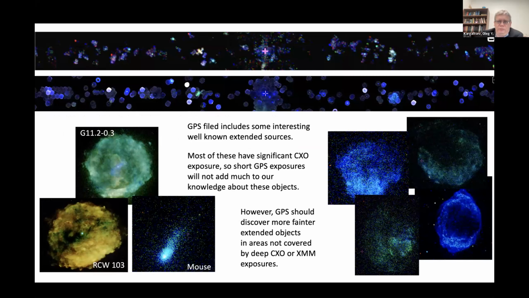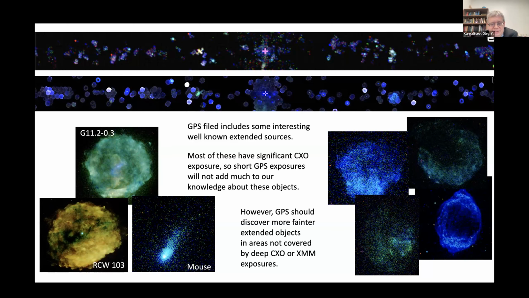This is, on the top, the area that will be covered by the GPS. The very top is Chandra coverage, and Arash showed something like that with regions previously, and the second panel from the top is XMM coverage, and it does include some very interesting objects that will be observed by the GPS, and we will get a substantial number of photons there.